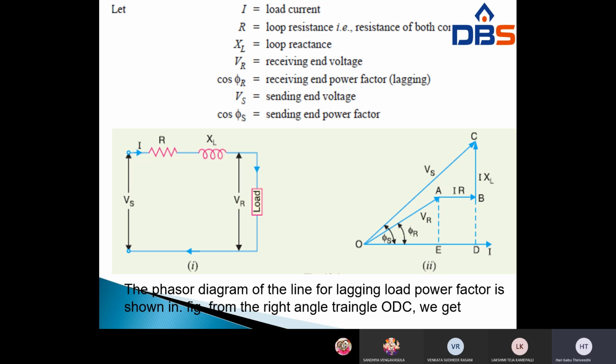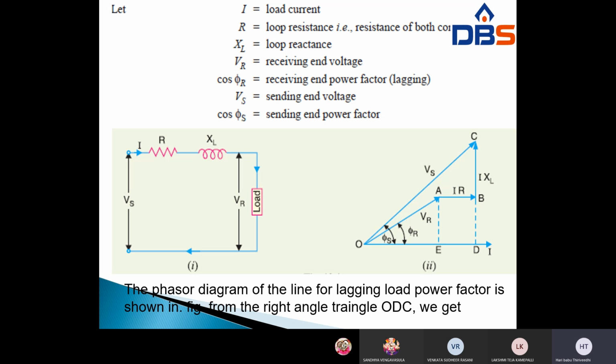Now some drop is there and here some drop is there, right? The IR drop, resistance is always in phase with current, so the IR drop is in the same direction as the current. And this drop I into XL is always 90 degrees to the resistance drop, exactly 90 degrees.